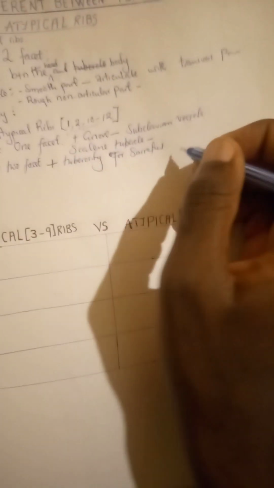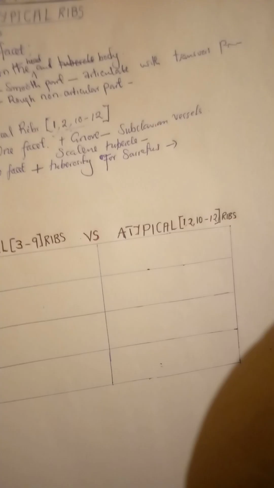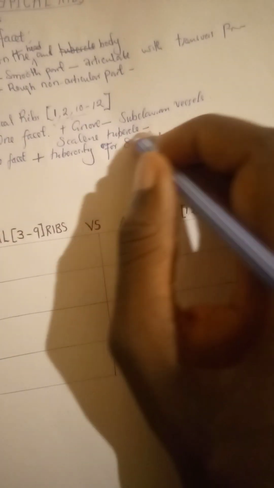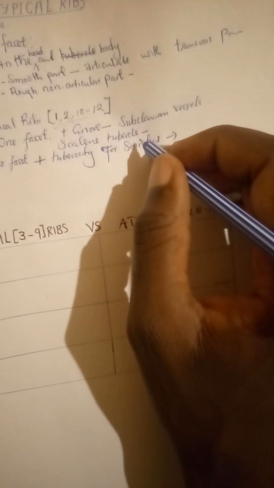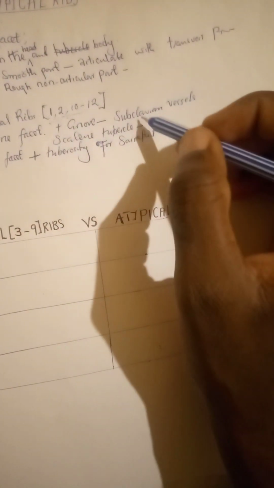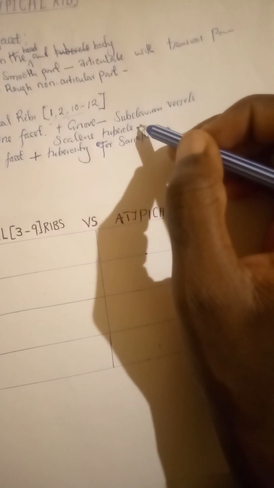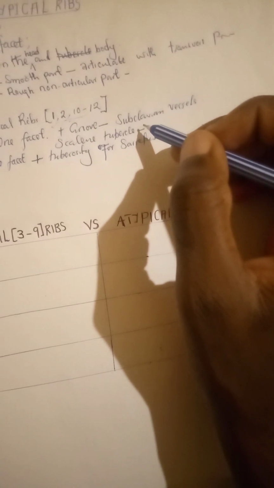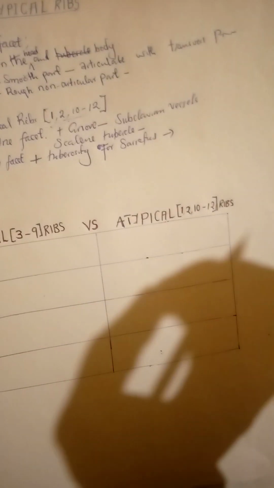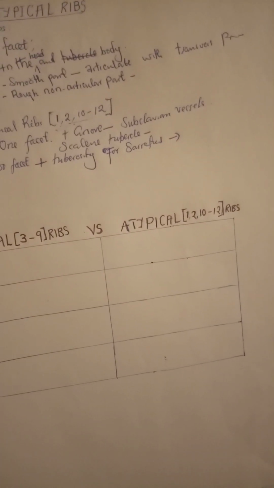This tuberosity for serratus basically provides the origin of the serratus muscle. Remember, the first rib has a scalene tubercle, and this scalene tubercle just provides attachment to the scalene anterior muscle.